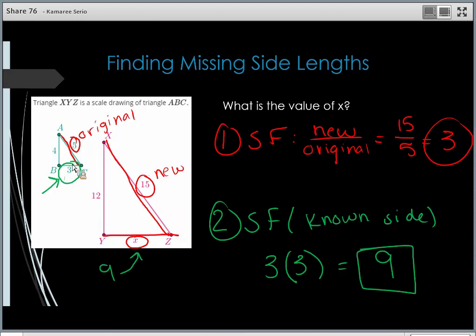And again, if I look at 4 here, 4 times 3 is going to give me 12. If I look at 5, 5 times 3 is going to give me 15. If I look at 3, 3 times 3 is going to give me 9. But in case you have a question with maybe a little bit trickier numbers, this is a good way to have as a backup. It's a good way of knowing how to do it.